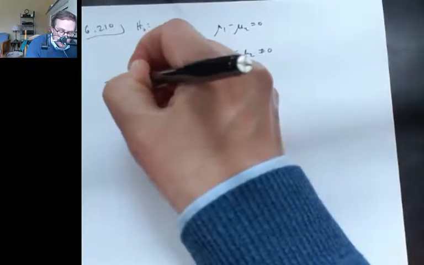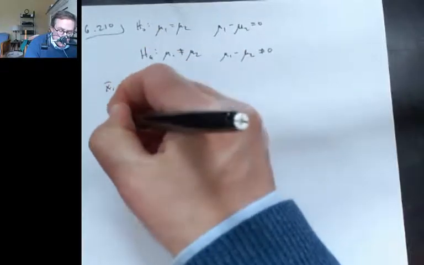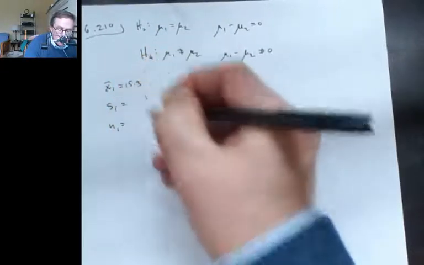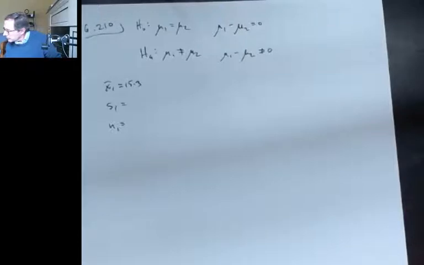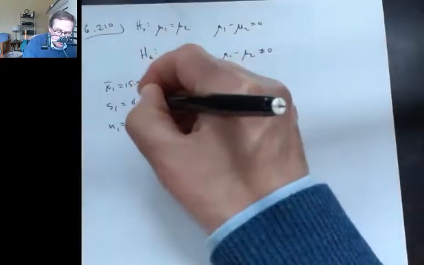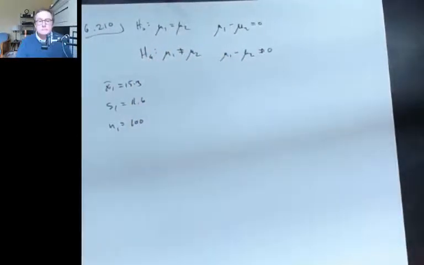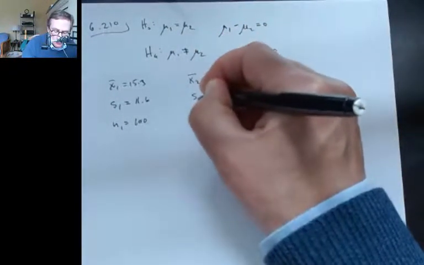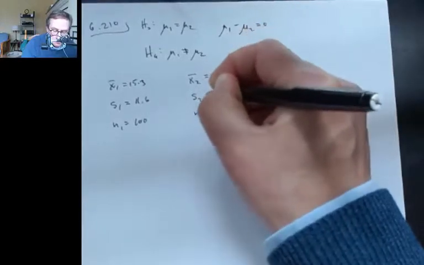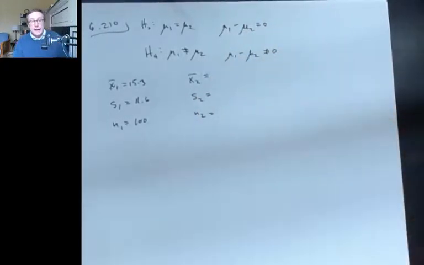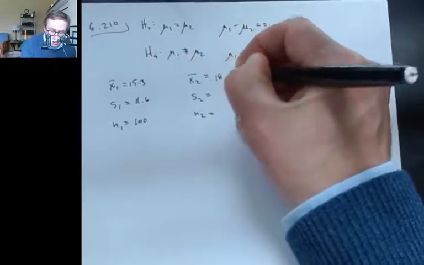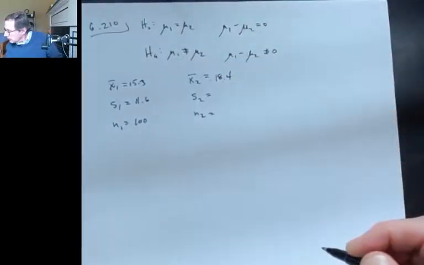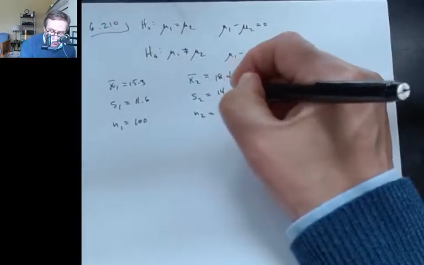There's going to be an S1 and an N1. S1 is 11.6 and N1 is 100. And likewise, there's going to be X2 bar, S2, and N2. They have to tell you that. You can't guess. So I've got 18.4, 14.3, and 80.